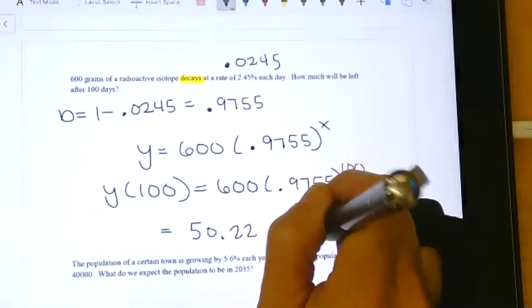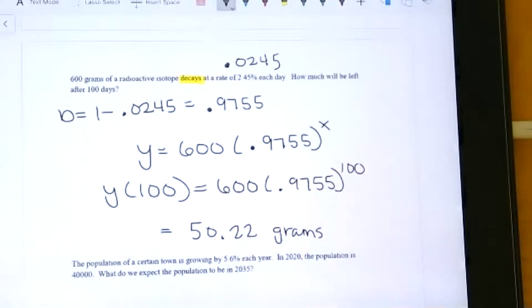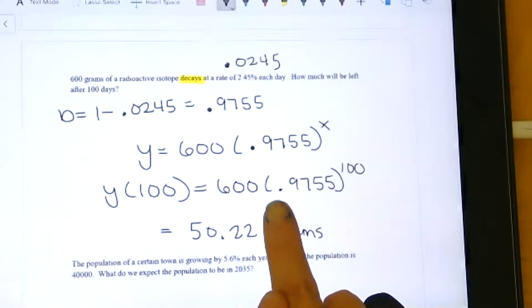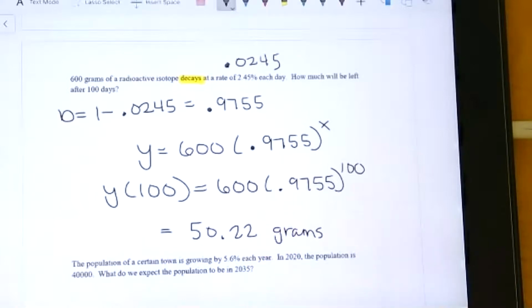And again, on Delta Math, make sure you read where they want you to round to. They tell you. If it says round to the nearest gram, that would just be 50. If it said round to the nearest tenth, that would be 50.2. This is to the nearest 100th gram. Okay, so just read carefully, make sure you round correctly.